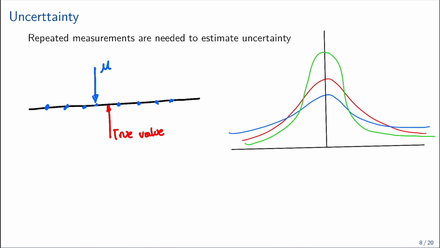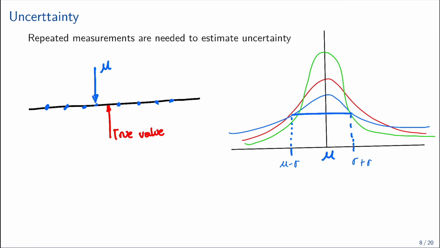Now, if we start doing some measurements, we are going to have this type of curve in which we have the mean, and if we measure the standard deviation for this case, we're going to have mu minus sigma and mu plus sigma.